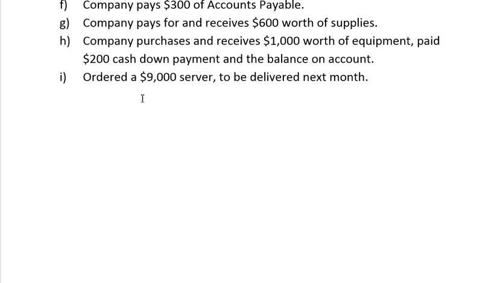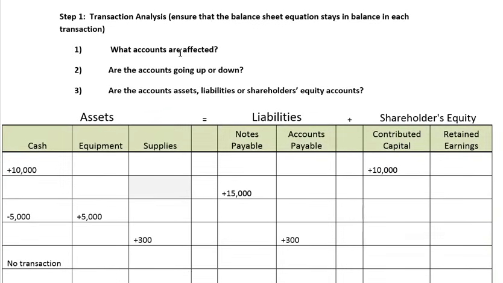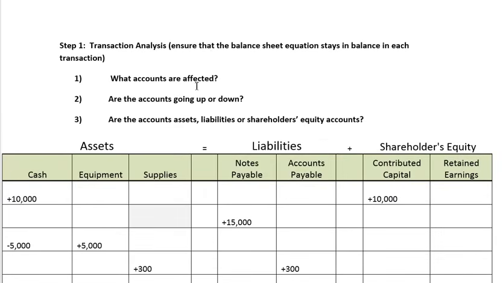So let's go back to our first transaction where we said the shareholders invested $10,000 in the business. So what accounts are affected? Well, if you're getting money in the business, cash has got to be going up. We know it's cash. We know it's getting bigger because we're getting money, and we know cash is an asset. So you'll notice here when we're doing the transaction analysis, we're approaching it in a little bit of a different way.